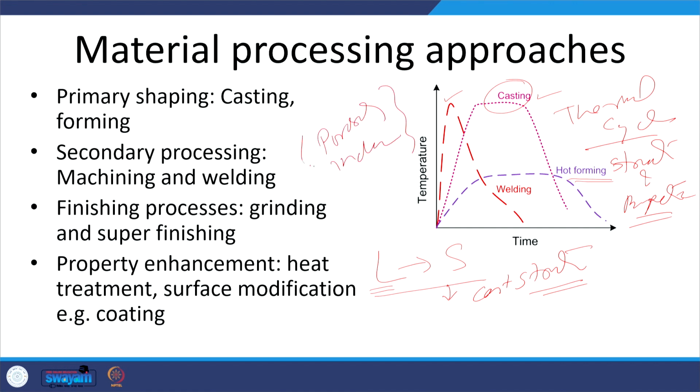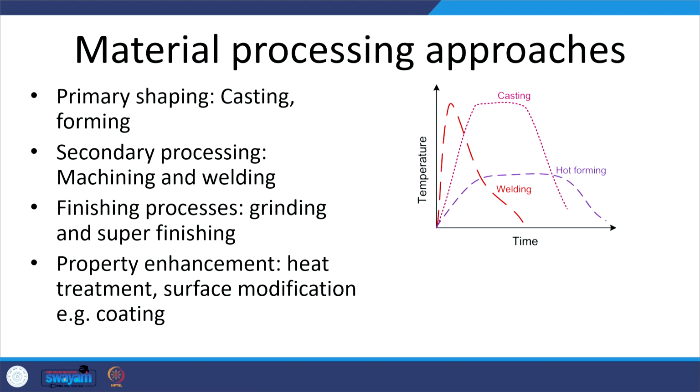So, these are the side effects of processing metals through the welding and casting route. The presence of defects and the cast structure during welding by fusion and casting in turn results in relatively poor, lower mechanical properties as compared to that of forming.